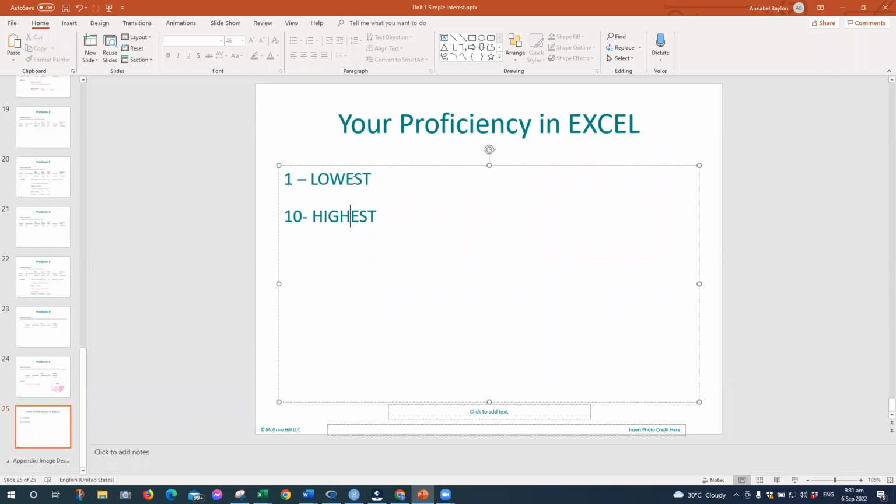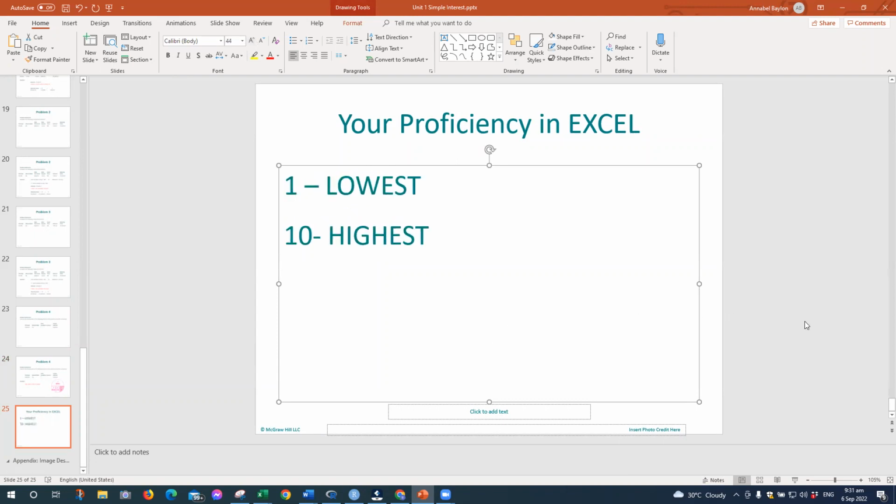When you say 10, it means you are very proficient. So you know how to use, for example, Visual Basic for applications. You know how to code in Excel. You know how to use Power BI, Power Query. You know how to make use of structured query language in Excel.